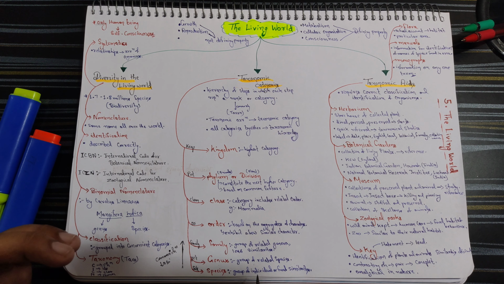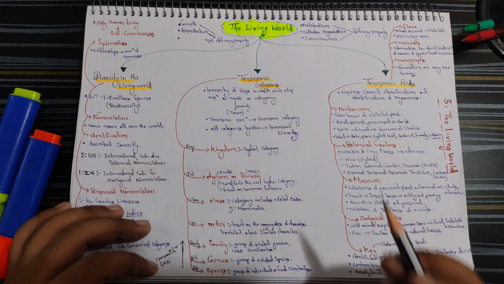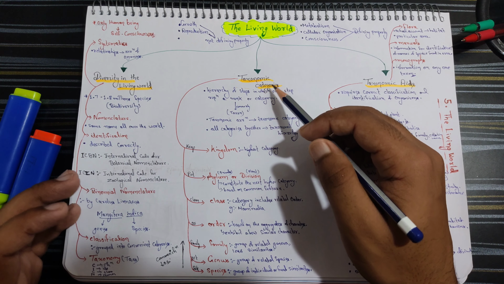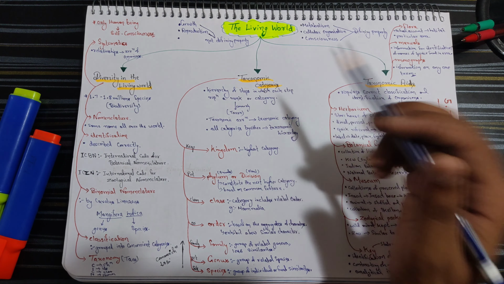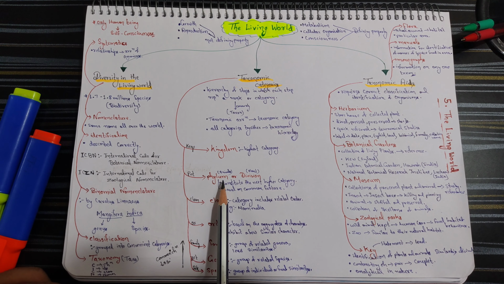Genus is a group related to species, and species is a group of individuals found with similar characters. That's all for taxonomic category. The important thing is the sequence, that is phylum, class, order, family, genus, species.